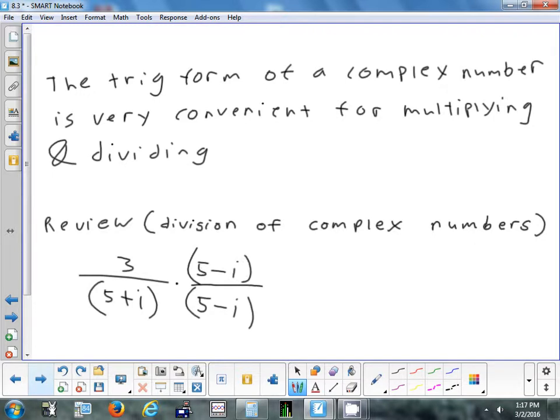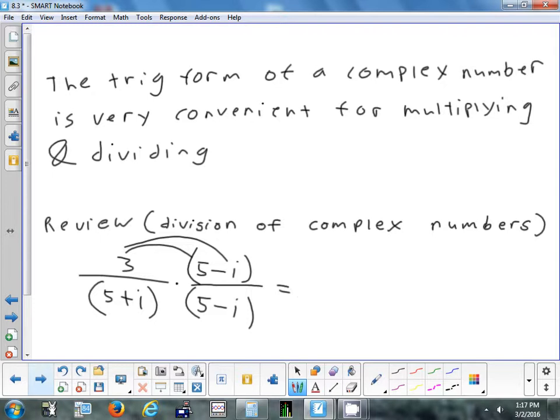All right, so if you're going to divide in standard form, you have to remember that it's multiplication by the conjugate. Now, this one isn't even that bad because all you have to do in the top is that. If the top was a complex number, then you would be double distributing or FOIL in the top. This time you don't have to.